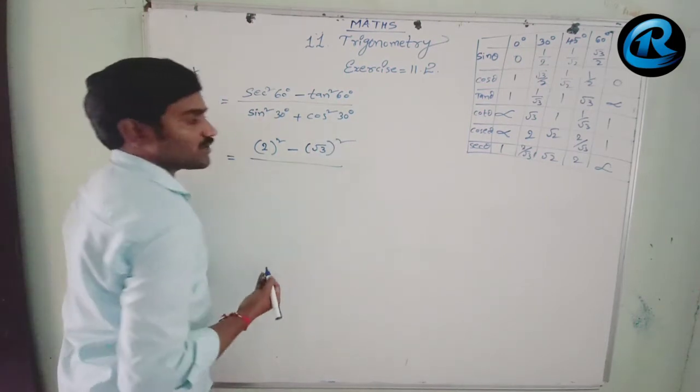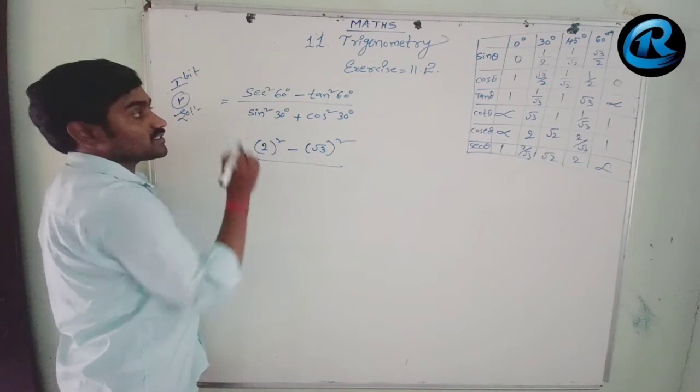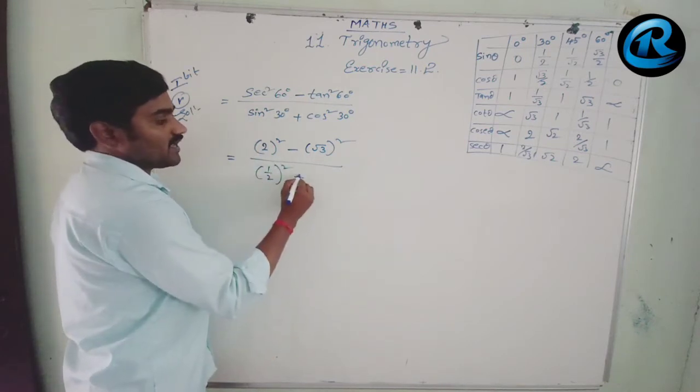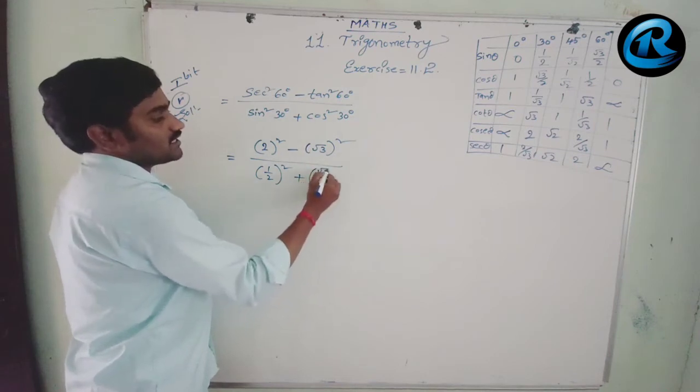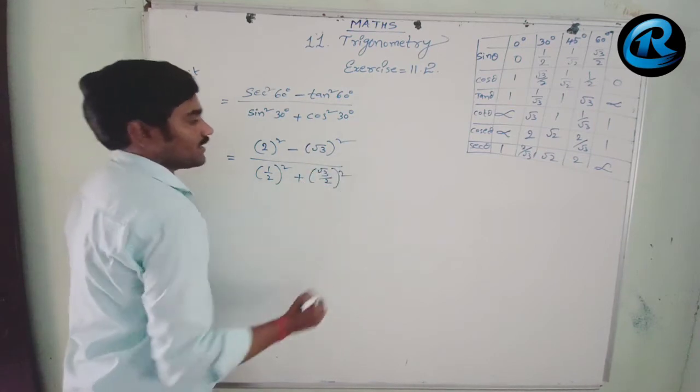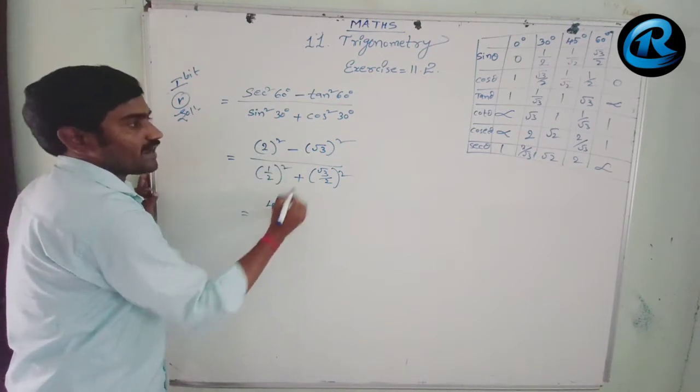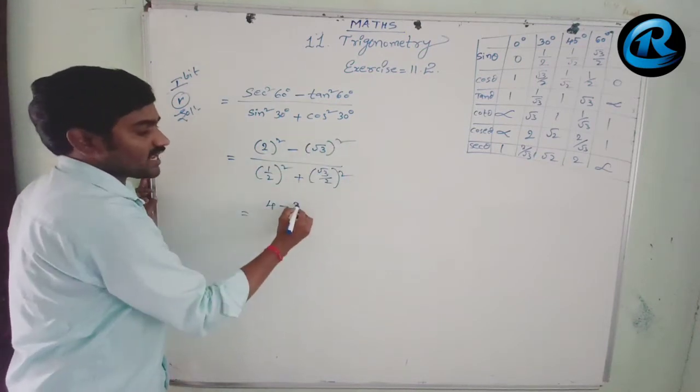Then sin square 30 degrees: sin 30 is 1 by 2, that is whole square, plus cos 30, that is root 3 by 2, whole square. Let us simplify.